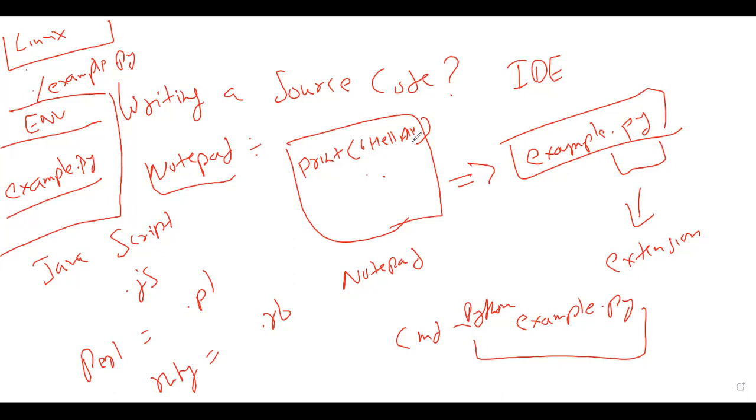The same comes in an IDE, called an integrated development environment. We'll discuss these things also, but before that I need to clear some more things here. So let's discuss Python.